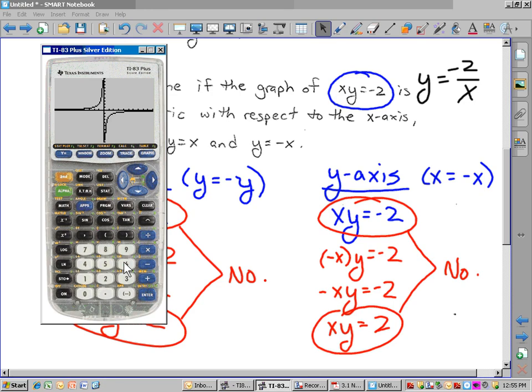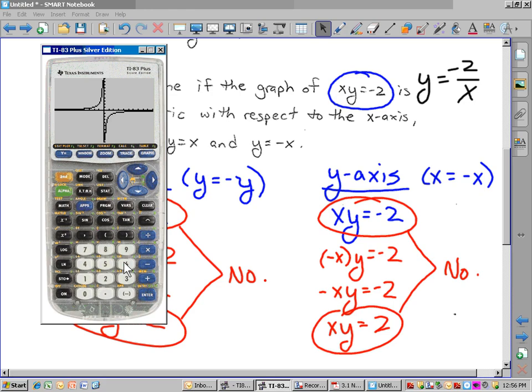So if we look at the x-axis, if we flip this, will we get the same picture? If this gets flipped up top and that gets flipped down, is that going to be the same as the original graph? No. Y-axis, if we flip it around the y-axis, will we get the same thing? No. See, a lot of you know it.